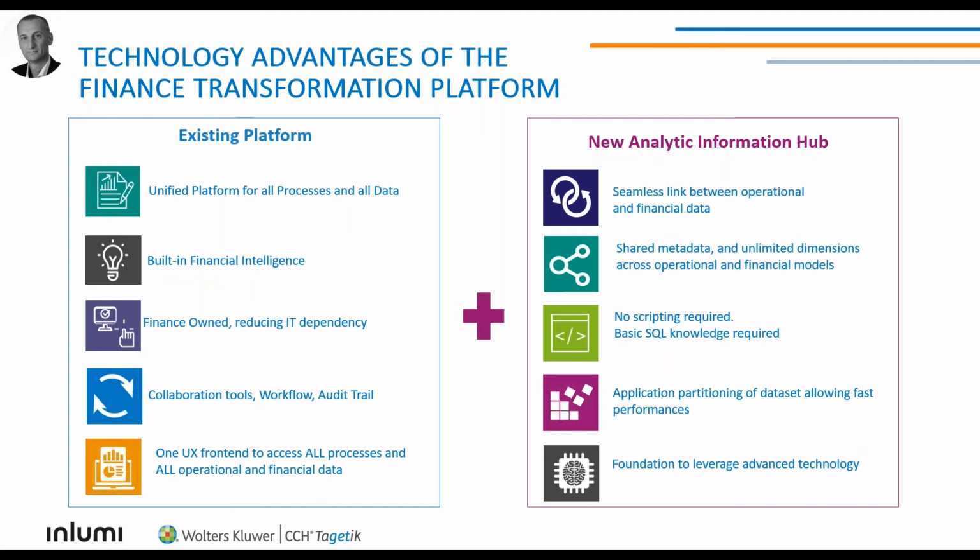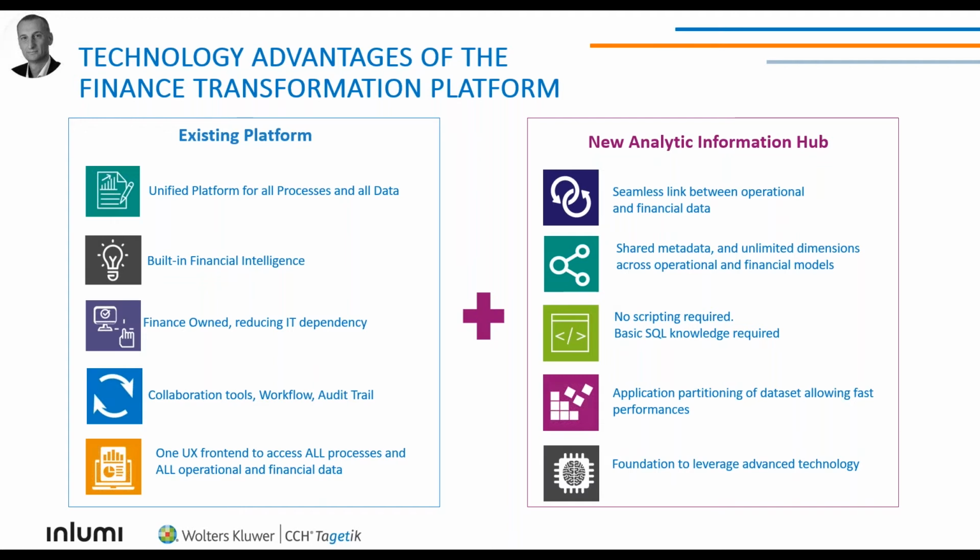And as we need to process a lot of high-volume applications with a lot of records, the Analytical Information Hub is designed for fast performance using functionalities like application partitioning.